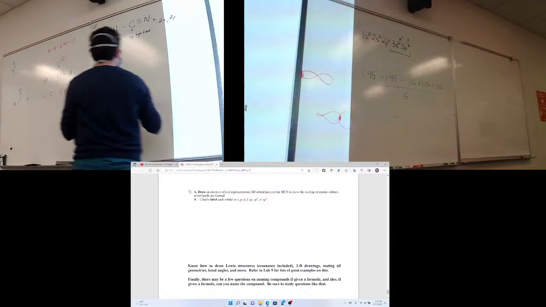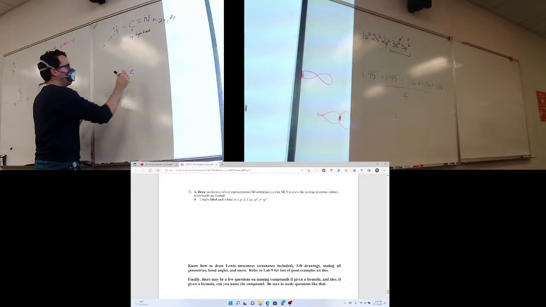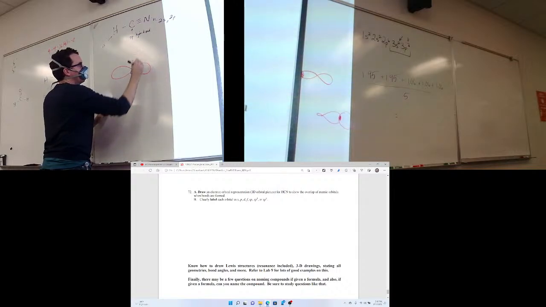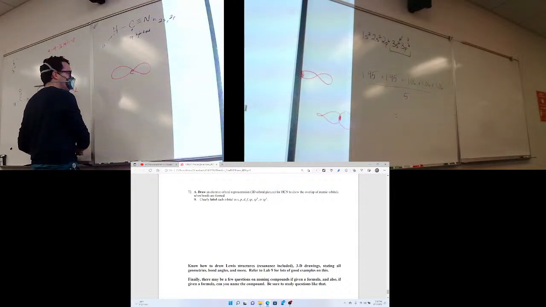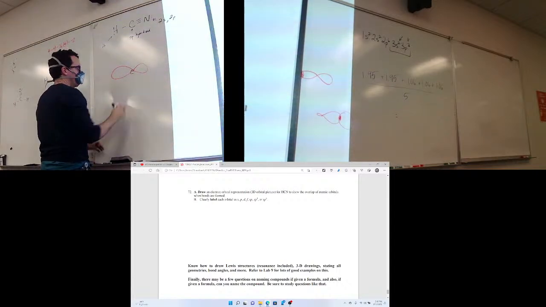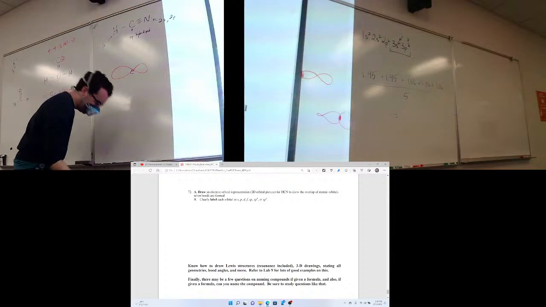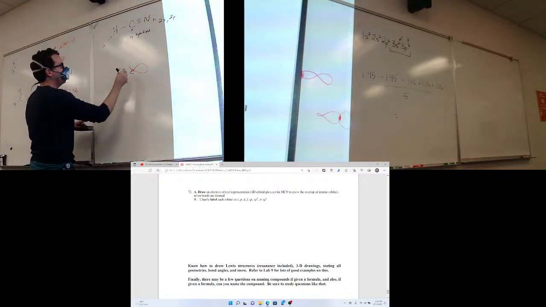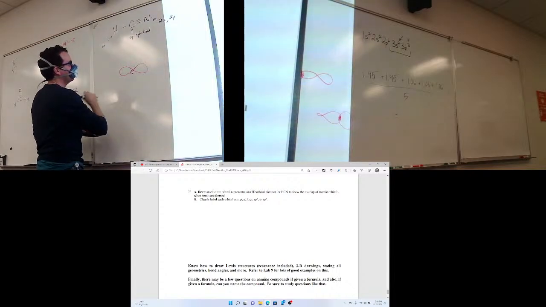If I draw a carbon here, one of them is going to point this way. The other one's going to point this way. I should make them the same size. To be clear, my drawing still sucks. There we go. That's a little better.